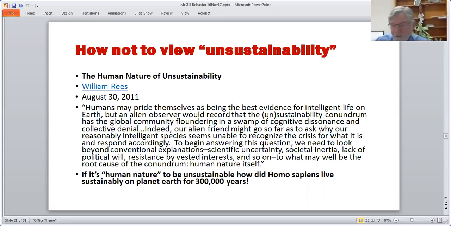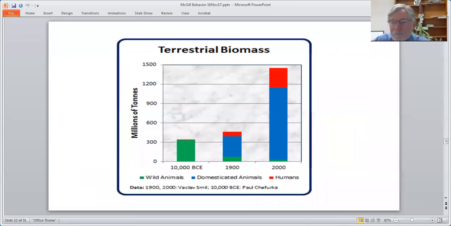And again, Homo sapiens has been around, according to some recent findings, for something like 300,000 years. We didn't trash the planet until starting about 10,000 years ago. This is a table adapted from Vaclav Smil. So again, 10,000 years ago, the population of Earth was something between 2 and 4 million. Humans were a tiny part of the mammalian biomass.